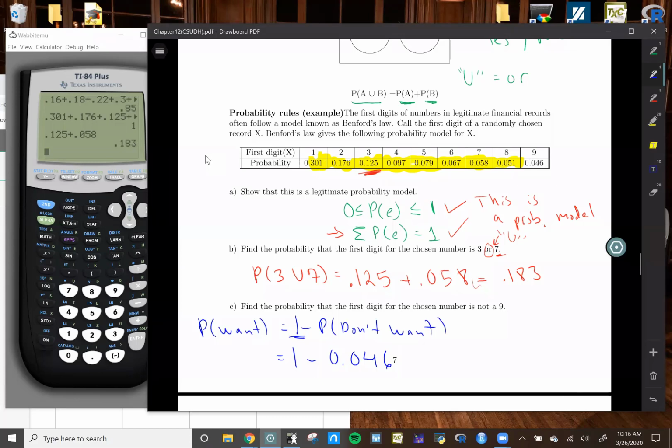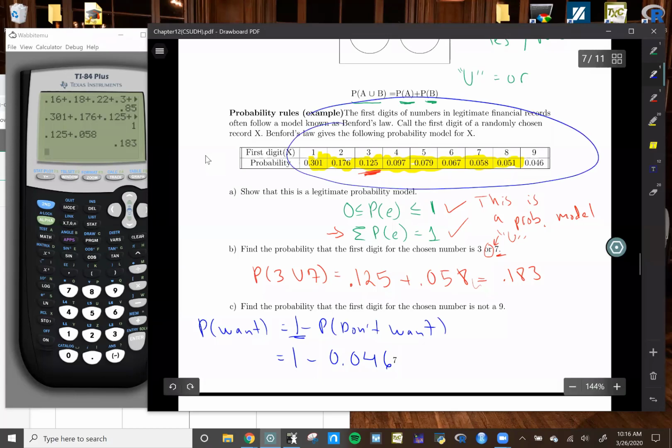Perfect, because if this is a probability model, it always has to add up to 1. So since I already know all of this together adds up to 1, I can do 1 minus the probability I don't want, and it will give me the probability I do want. So we're just going to do this subtraction, and we'll be done.